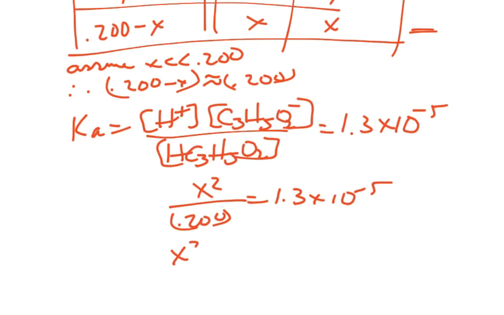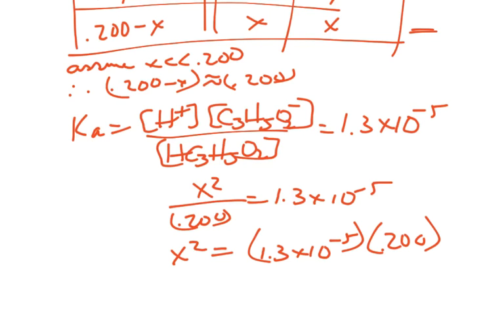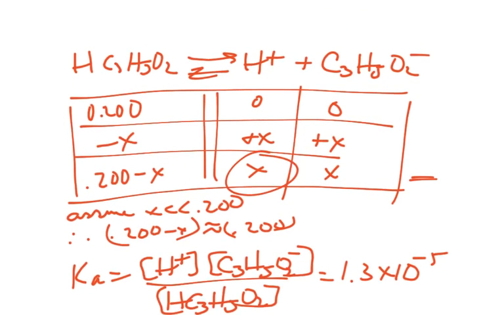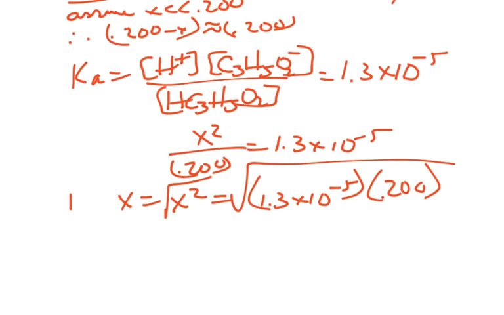So therefore x squared equals 1.3 times 10 to the negative 5 times 0.2. And I don't want x squared, I want x. So that's the square root of that expression. And x in this case is our H plus concentration. So we can find that the value for this is 2.6 times 10 to the negative 6.